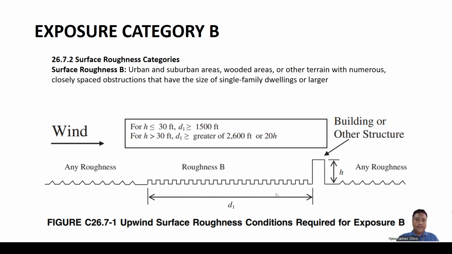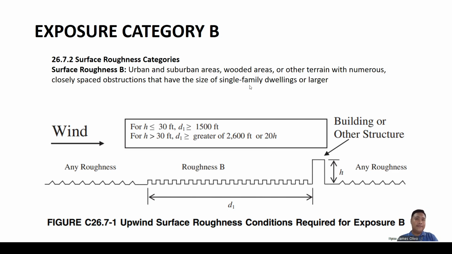If those obstructions extend greater than 1,500 feet or greater than 2,600 feet for these inequalities, you can consider your exposure category as B.